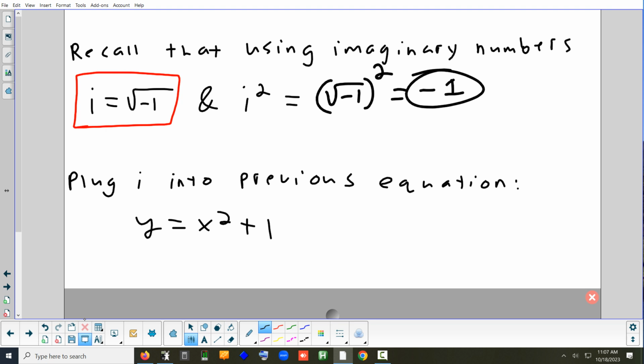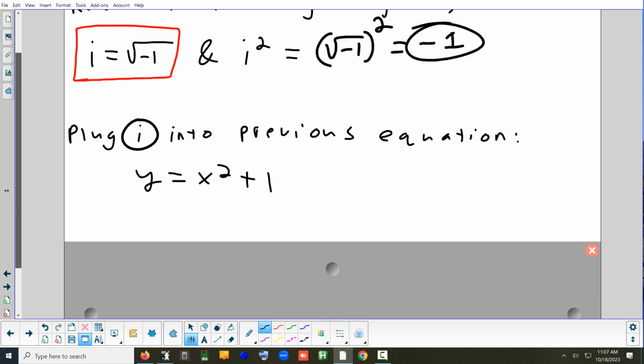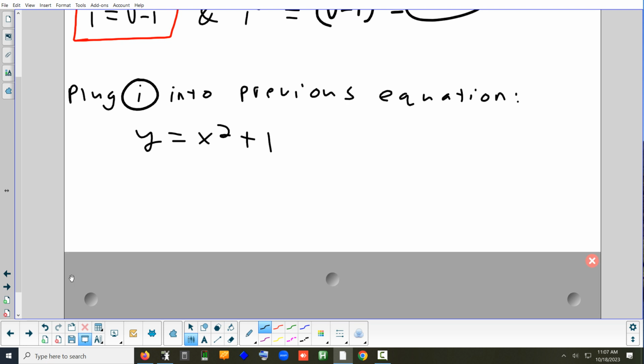Let's try plugging in i into the equation we just graphed on the calculator, and let's see what happens. So plug in i for x. You get i squared plus 1. What did we just say i squared is? i is the square root of negative 1, but i squared is negative 1.